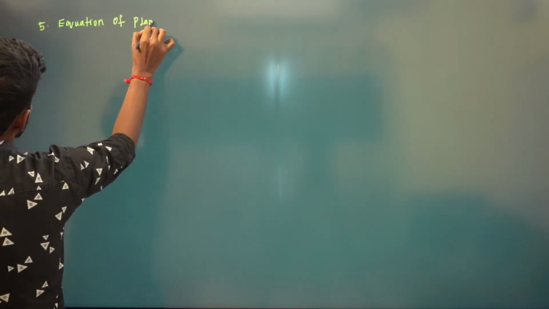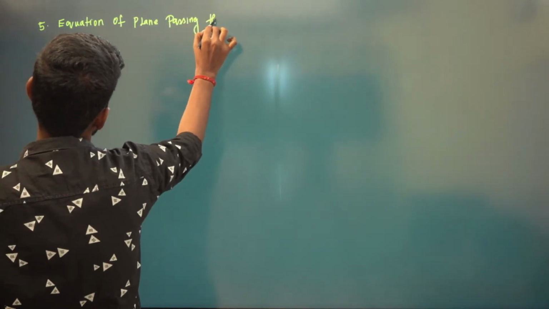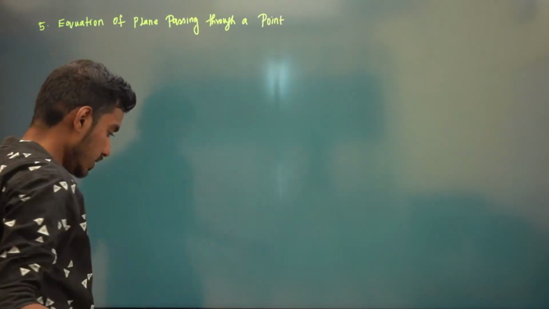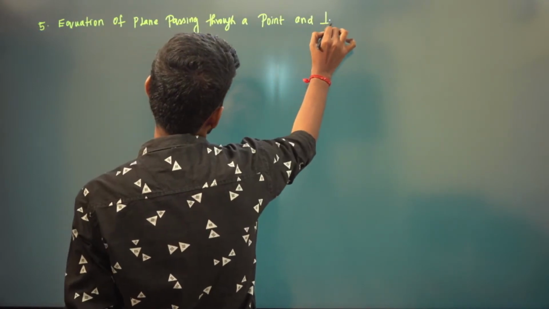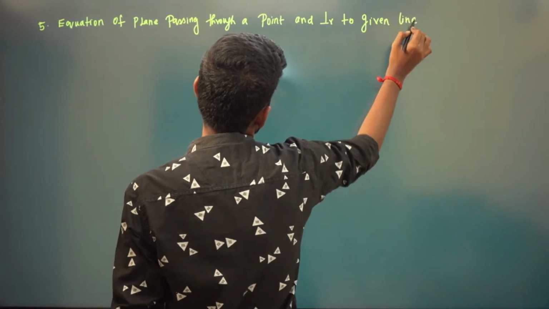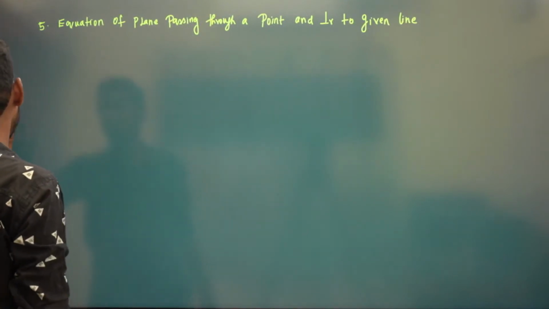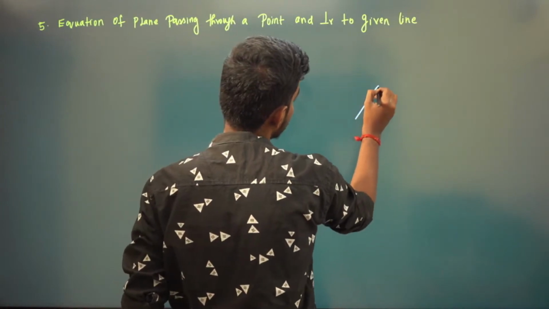See, you can easily derive all these equations, right? So we need to find an equation of plane. That plane has to pass through a point and it has to be perpendicular to a given line.